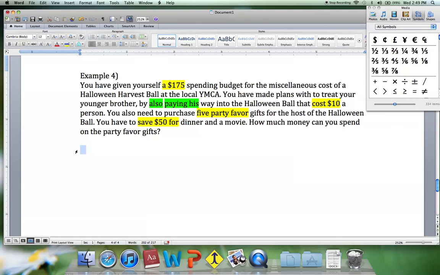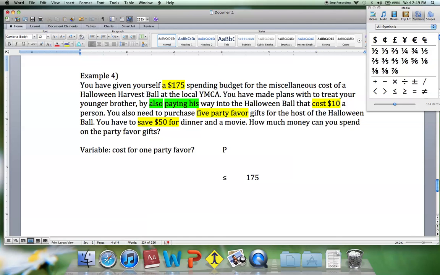So now we're ready to build our inequality. So our variable is the cost for 1 party favor, and we'll give this a P. All right, so again, we know that we don't want to spend more than $175. So our inequality sign needs to be a less than or equal to 175. Now we're ready to build the left-hand side of this inequality.